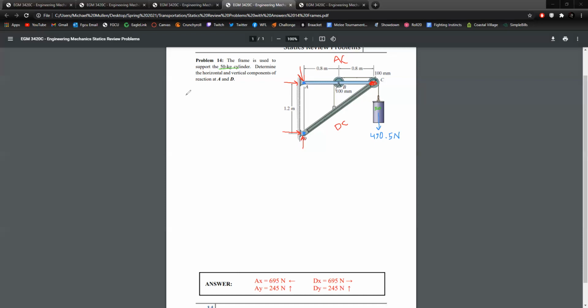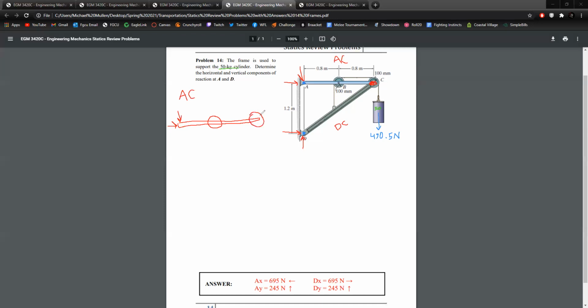So let's draw our AC diagram, where we have a bar. We're going to have our AY and our AX. We also have this pulley, exactly in the center technically here, roughly in the center on my drawing.